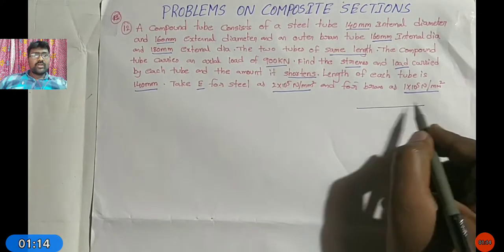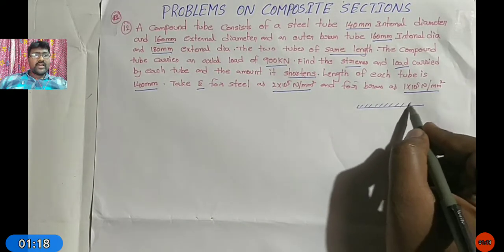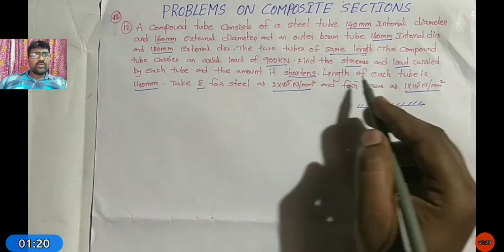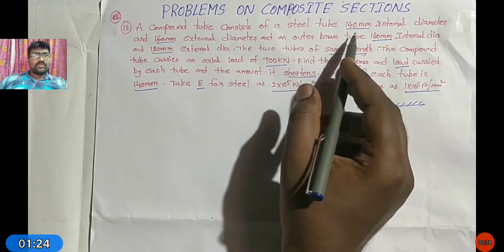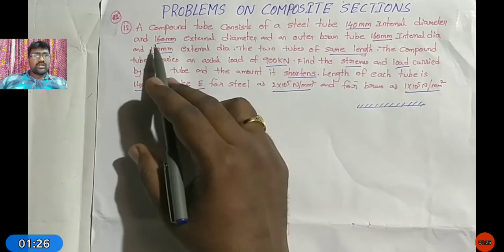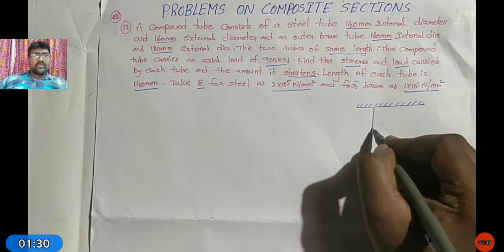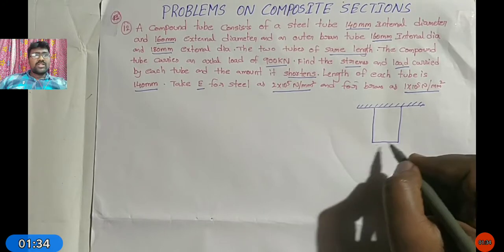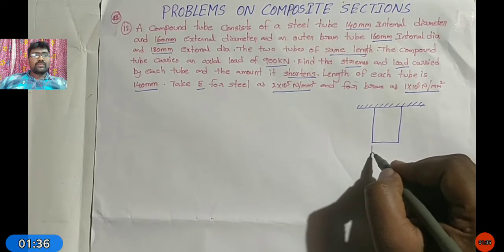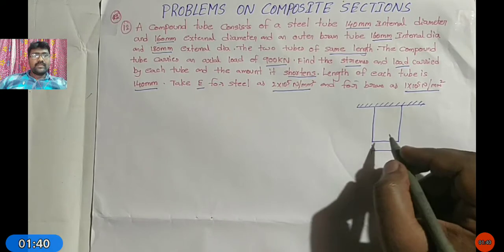First, we need to draw the given problem. Draw the fixed end. It is the rigid support. Next, draw the compound tube. That is, first draw the steel tube, 140 mm and 160 mm. 140 mm is the internal diameter of the steel tube.